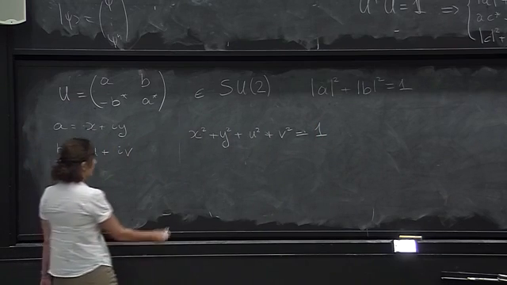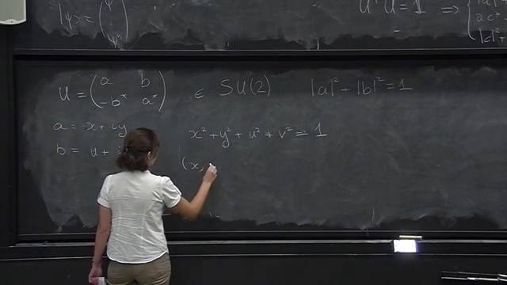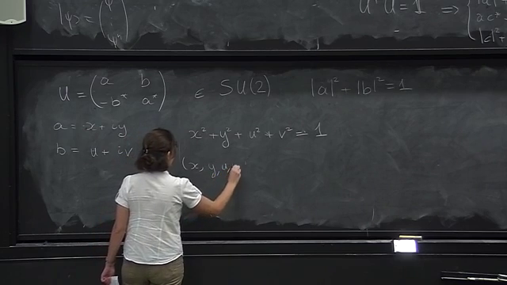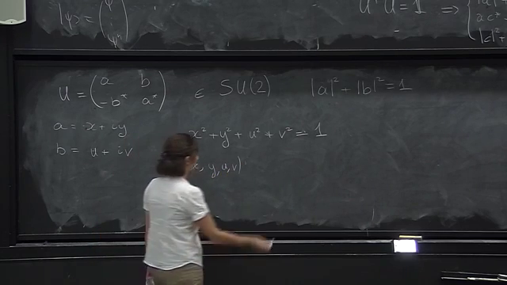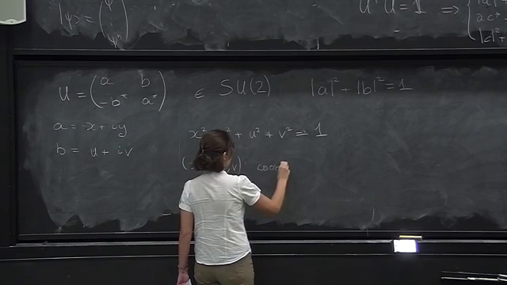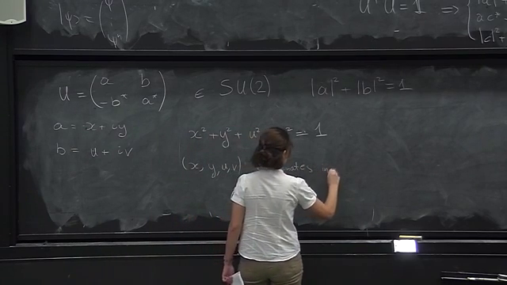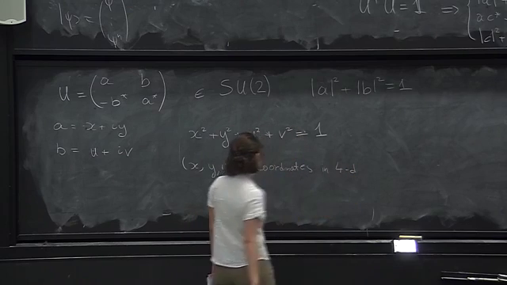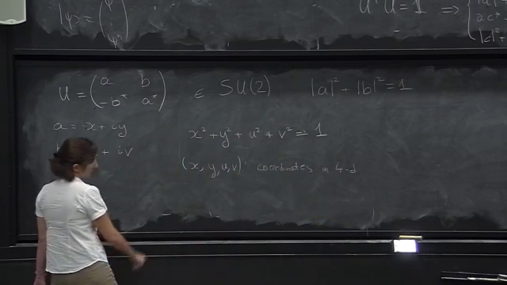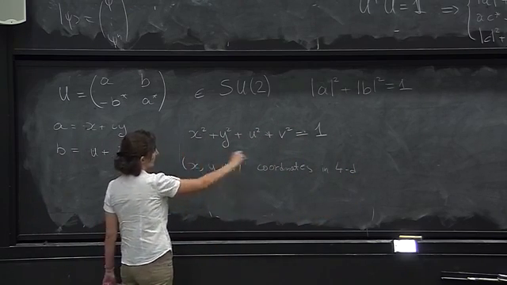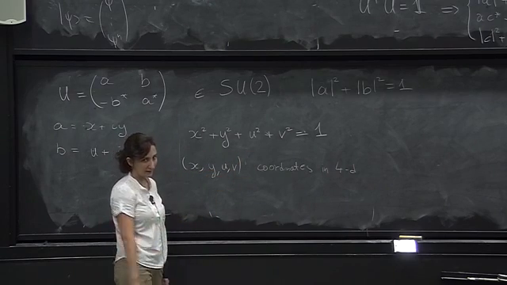Now, if you treat x, y, u, and v as coordinates in a 4-dimensional space, this is the equation to describe a sphere in that space.